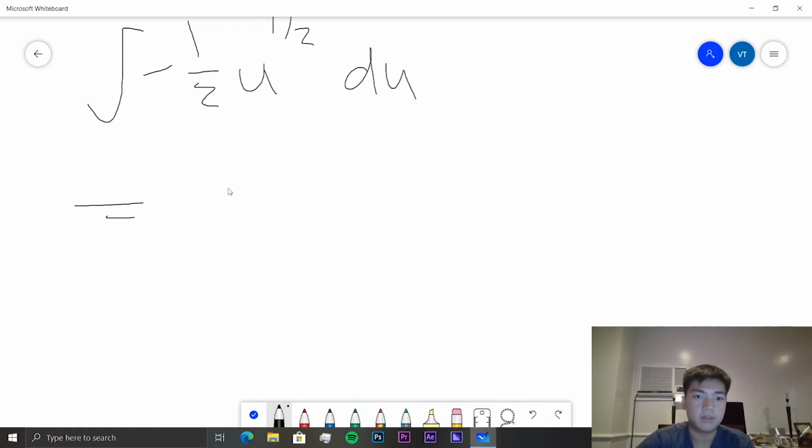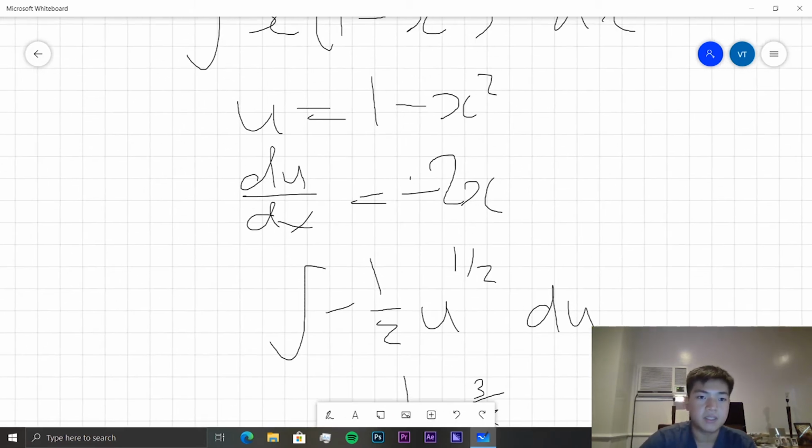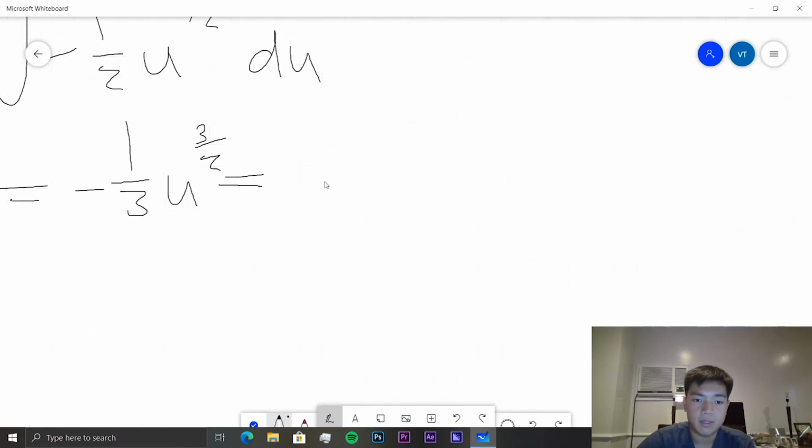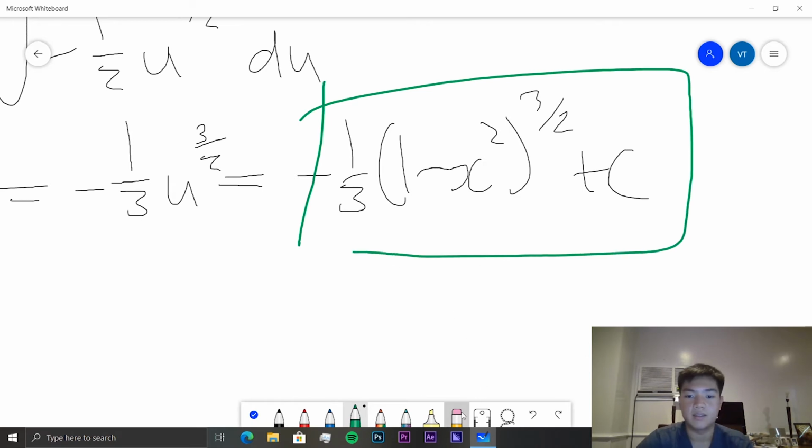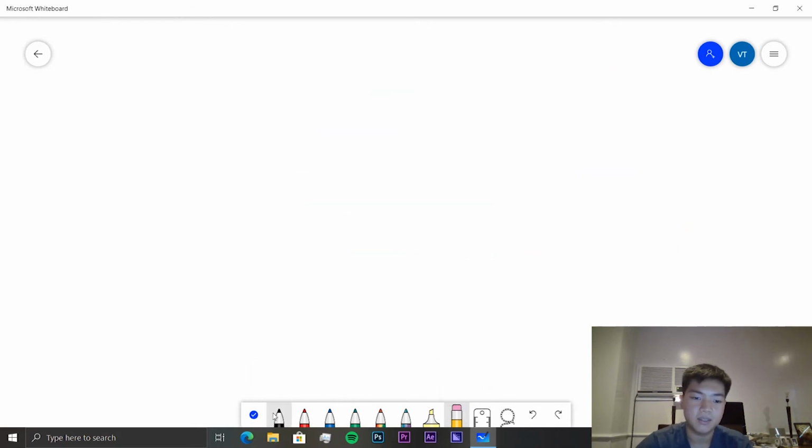So this is equal to negative 1/3 u to the 3/2, which is equal to negative 1/3 times (1 minus x squared) to the 3/2 plus c. Okay, yep, that's that. On to the next one.